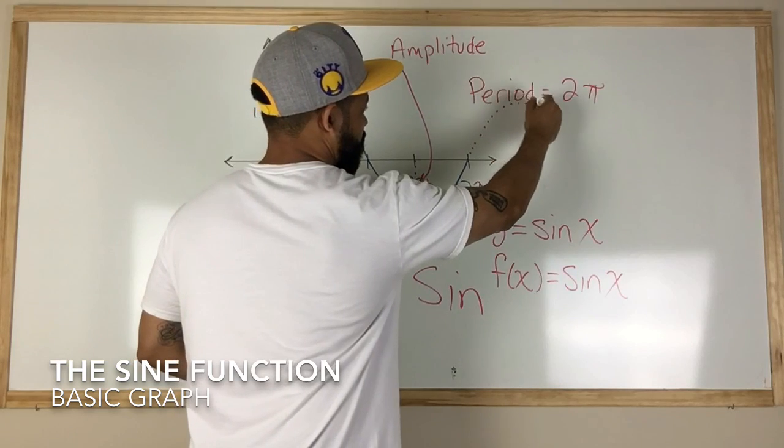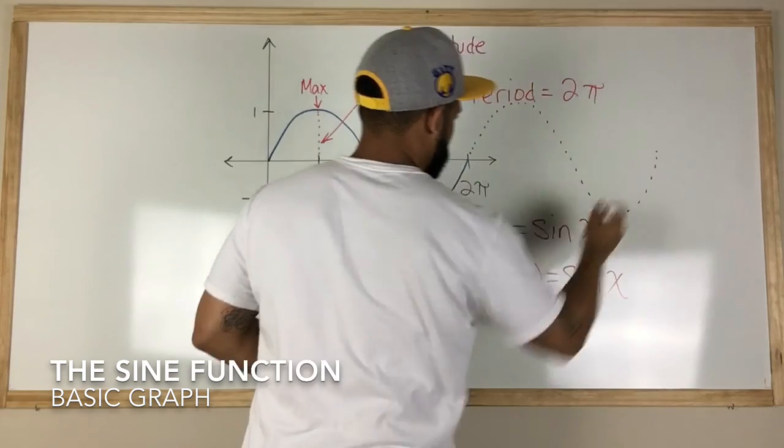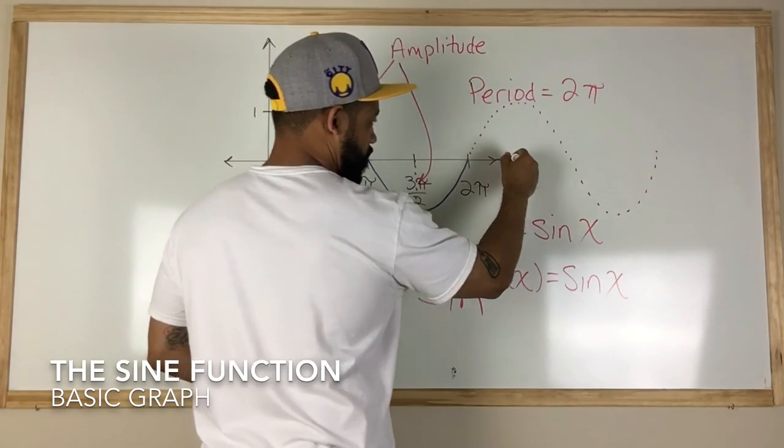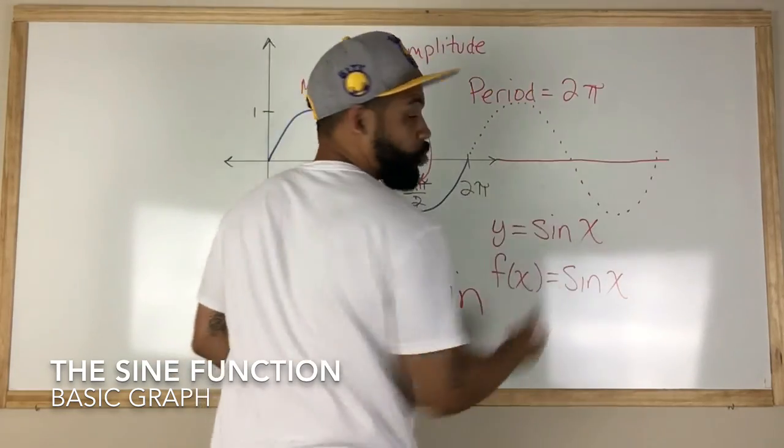And just for the sake of showing you guys, we could actually extend this back again, and it would make the same pattern. Okay, we could extend it. If we extended this x-axis, boom, so this would be another full wavelength.